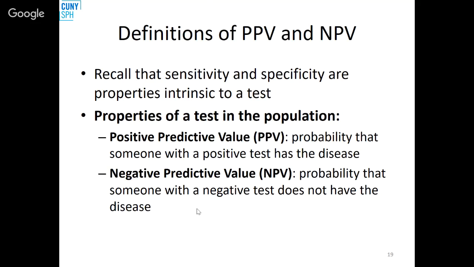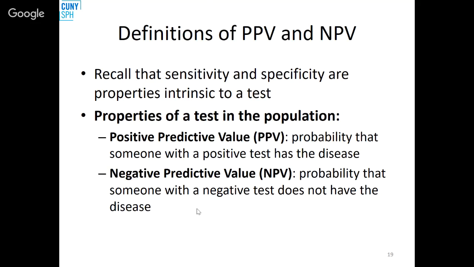But when we apply a test to a population, there are other considerations, because those measures of sensitivity and specificity were useful when we know already from some gold standard whether someone has the disease or does not. It tells you about the accuracy on those with and without.